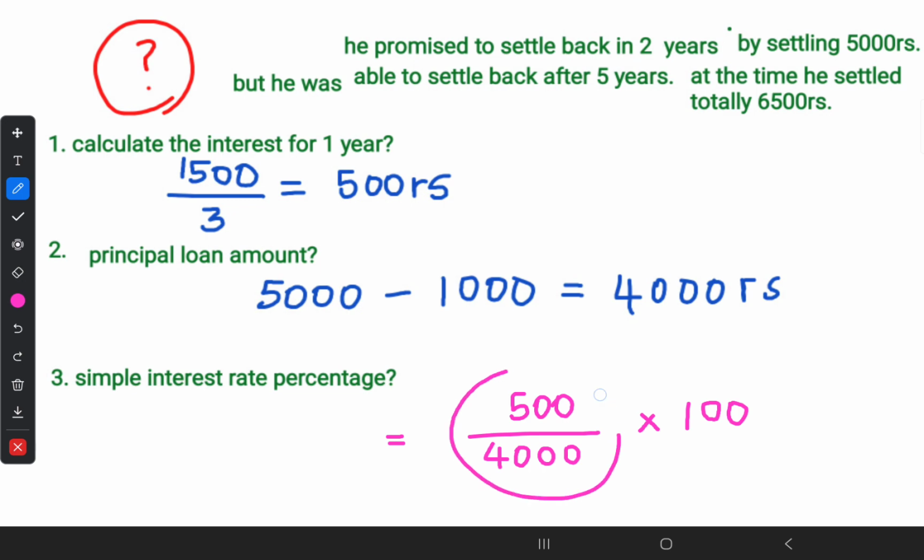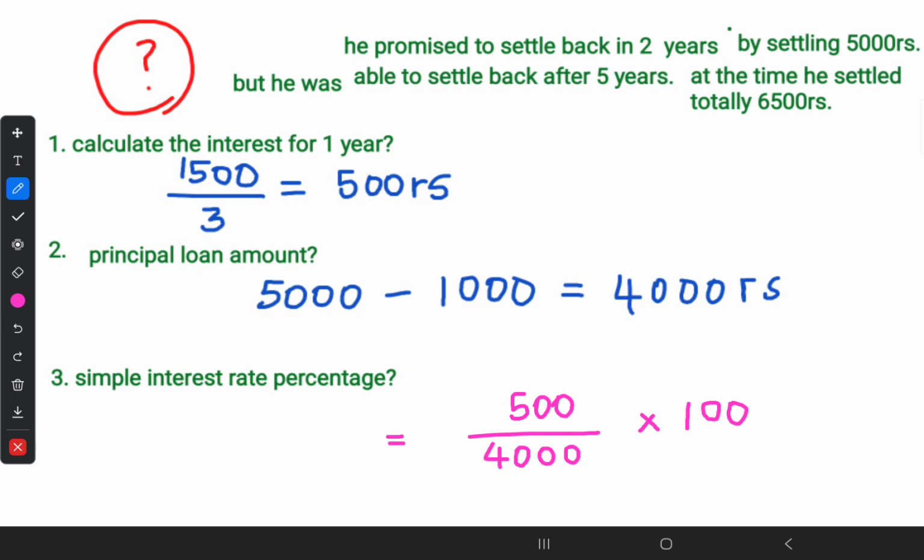This is the fraction for simple interest. When you multiply the fraction with 100, that will give you the simple interest rate percentage. How did I construct this fraction? Because we need to pay interest only for the loan amount. The principal loan amount is 4,000. Annually we need to pay 500 rupees.